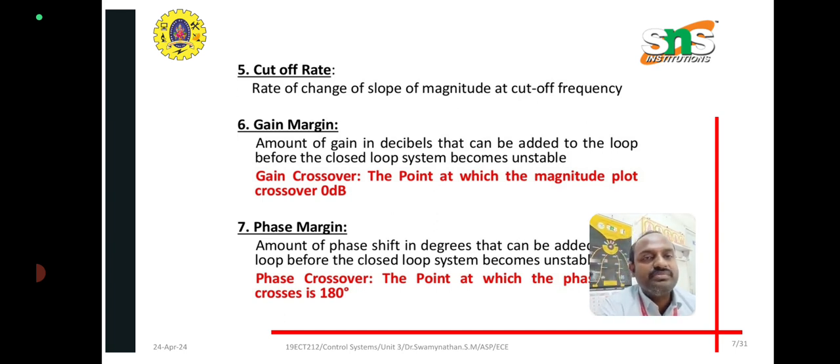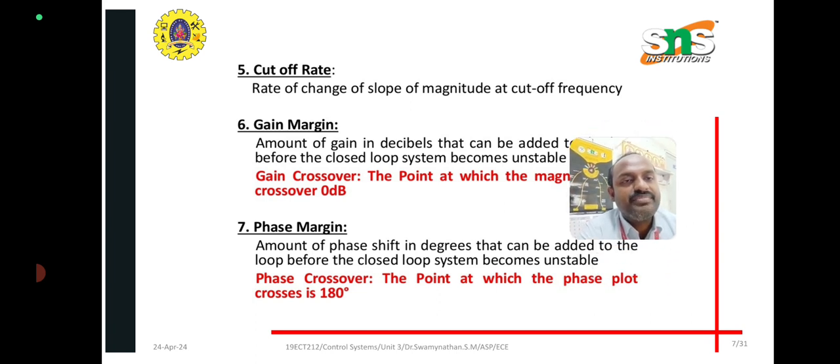Gain margin means the amount of gain in decibels that can be added to the loop before the closed loop system becomes unstable. The phase margin is the amount of phase shift in degrees that can be added to the loop before the closed loop system becomes unstable.